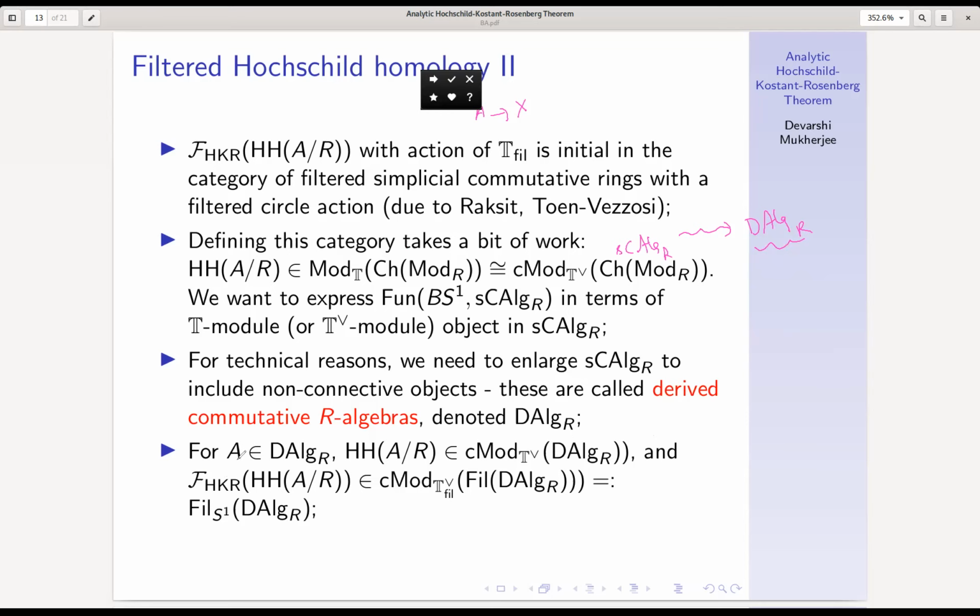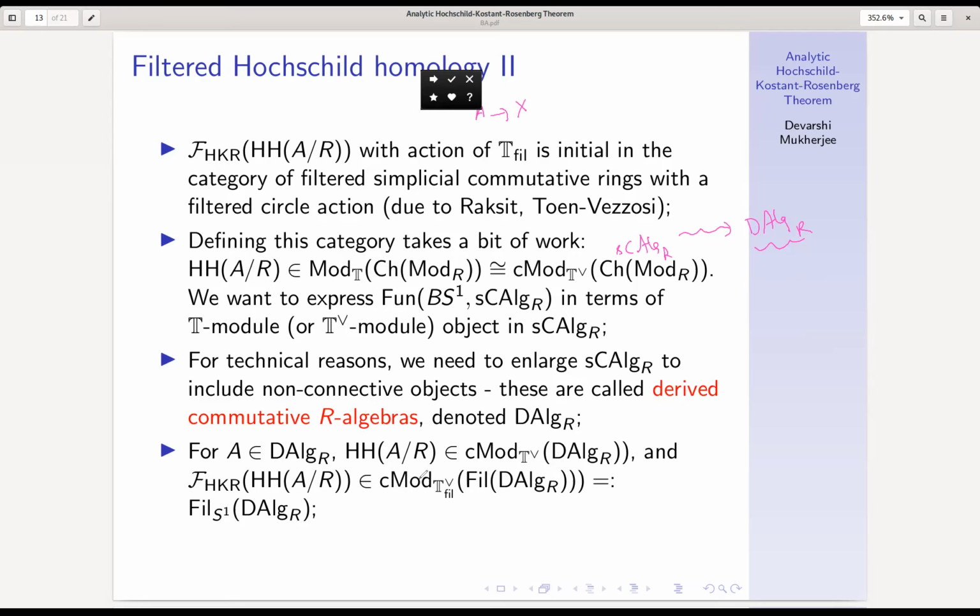Okay. So now we can define everything in a compatible way. If you start with some derived commutative R algebra A, then HH of A is a co-module inside this dual object inside the category of derived algebras. And when you bring in filtrations, things still make sense.